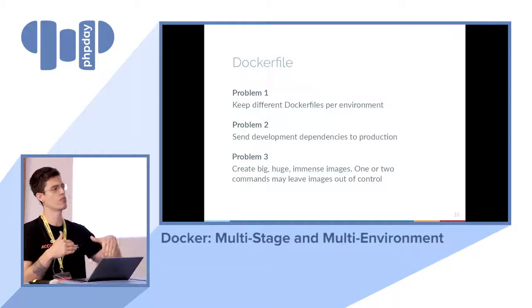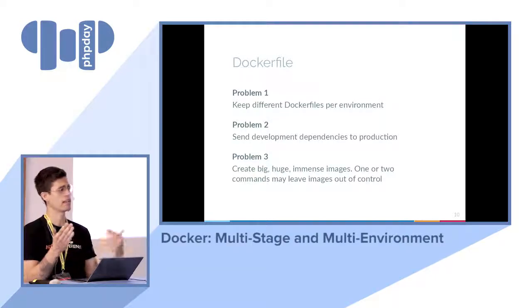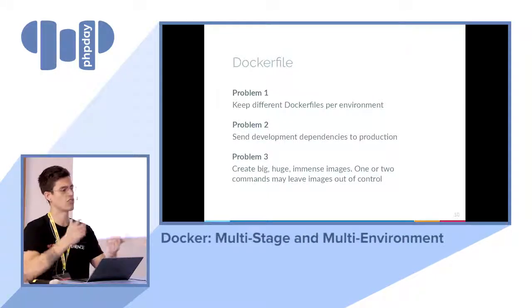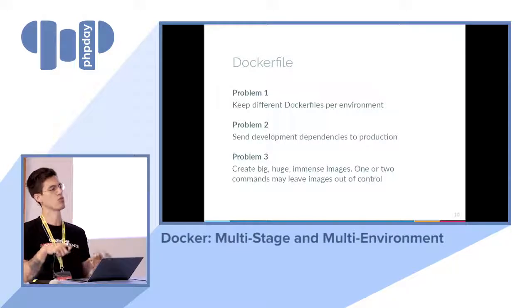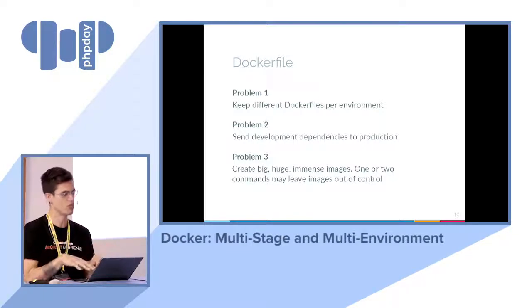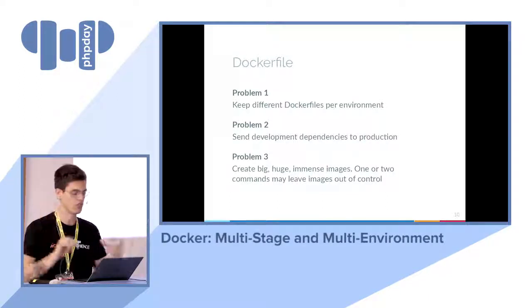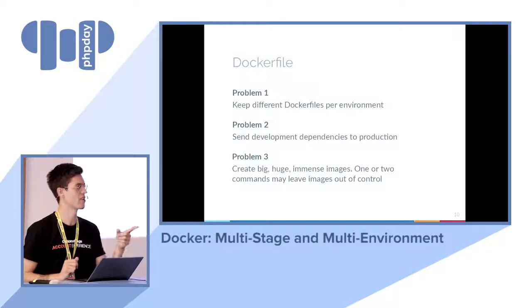How can I install PHPUnit, for example, in the same image, but not ship it to production? In development mode, I want PHPUnit to run all my tests, but in production I don't want it, because I'm not running PHPUnit on production, right?